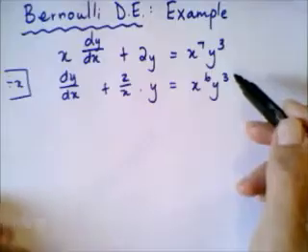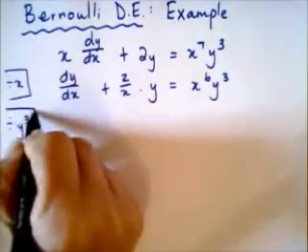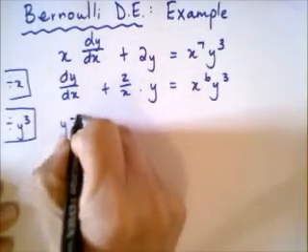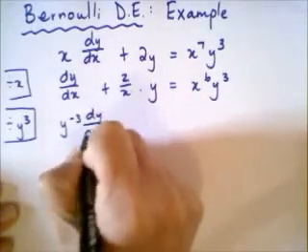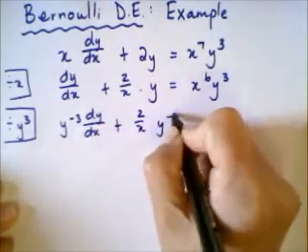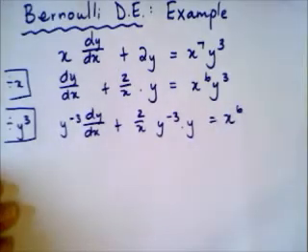So I am going to divide through by y cubed, which means I'm going to get y^-3 dy/dx + (2/x) y^-3 times y = x^6.